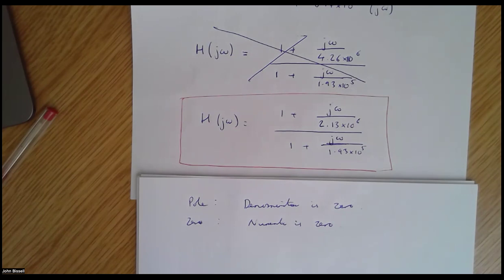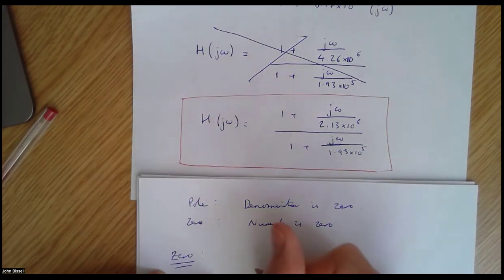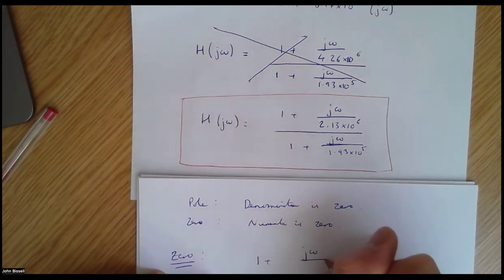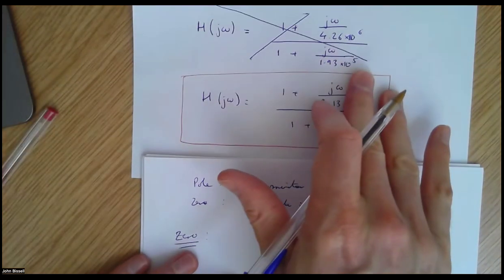For the numerator to be 0, we need 1 plus j omega over 2.13 times 10 to the 6 equals 0. Agree with that?